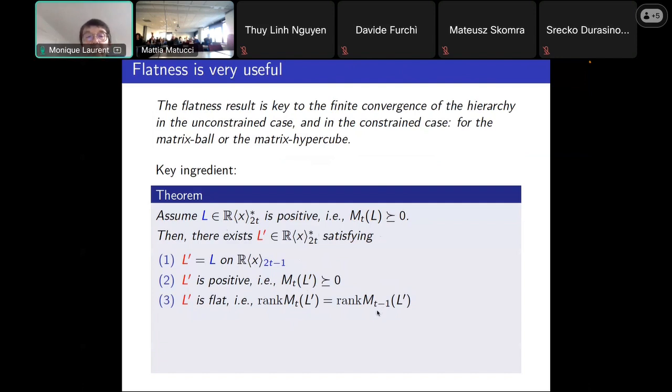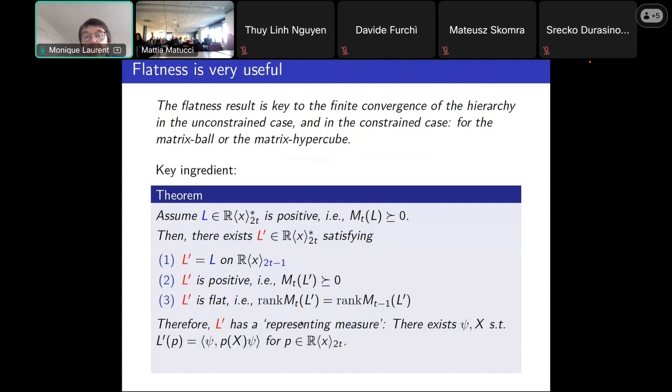So now, if we have this L prime, which is positive and flat, due to the result we just saw before, then we know that L prime has what I put into quotes, a representing measure. So there exists a psi and an X, and I should also have written a Hilbert space of finite dimension, such that L prime of p takes this form.